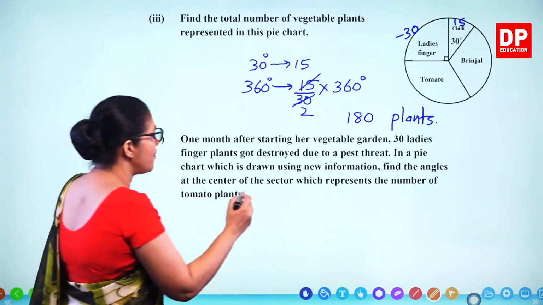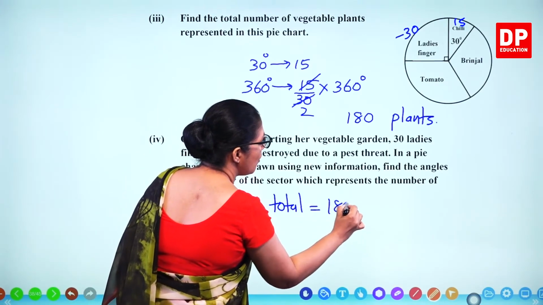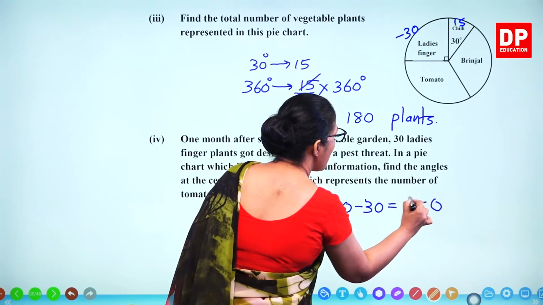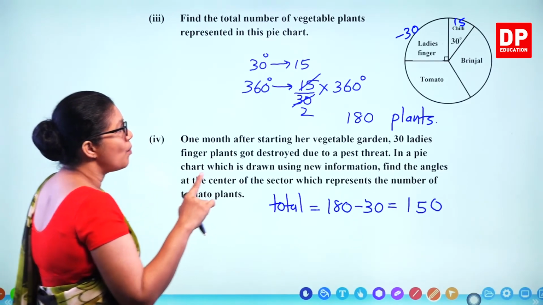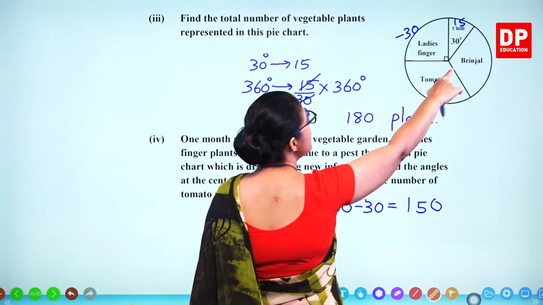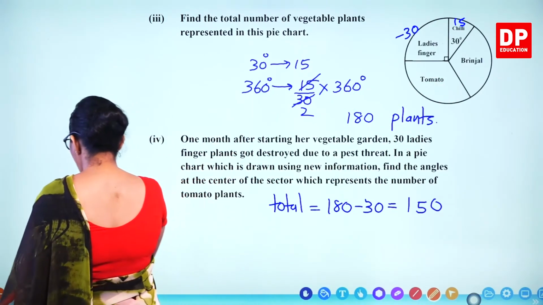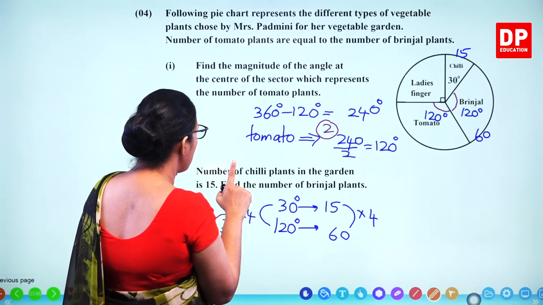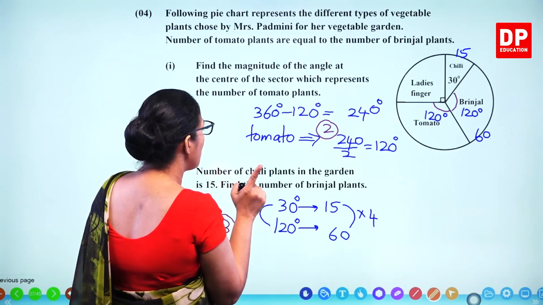So earlier 180. Now you have to subtract 30 from that. 150 is the total. So what's the angle? Now we know this is tomato plants. We found 120 degrees, but we didn't find out how many tomato plants were there.